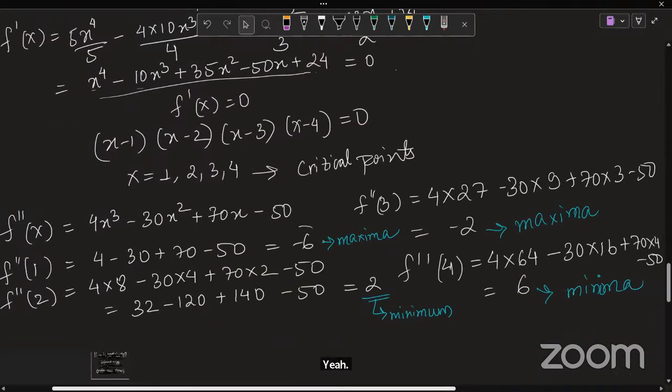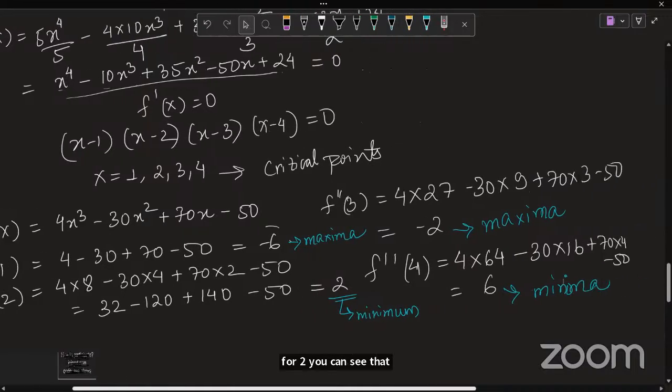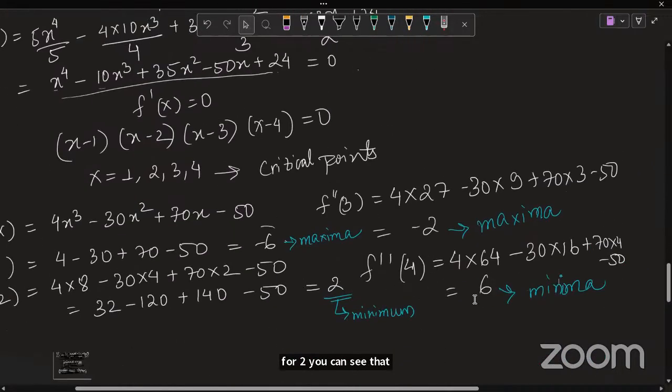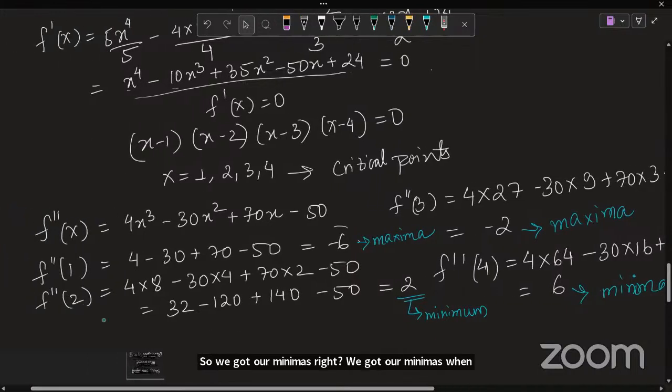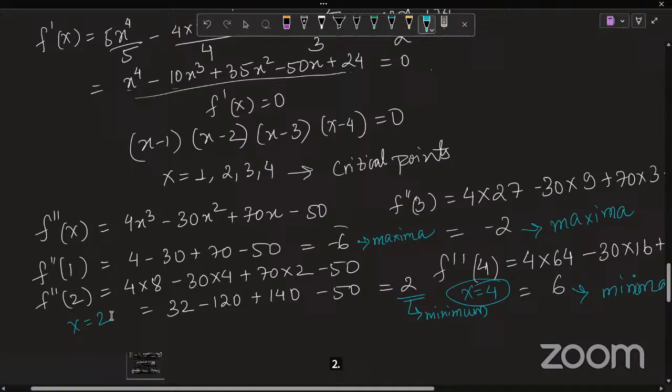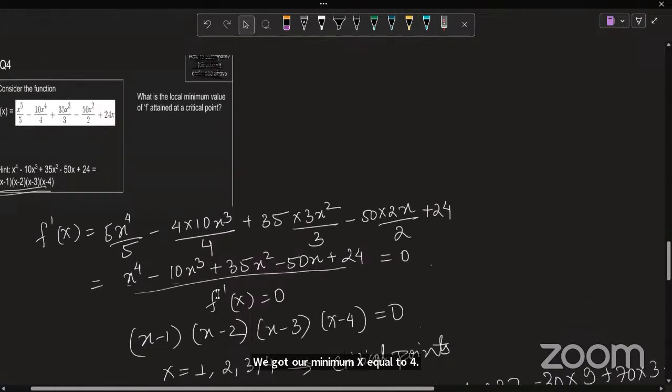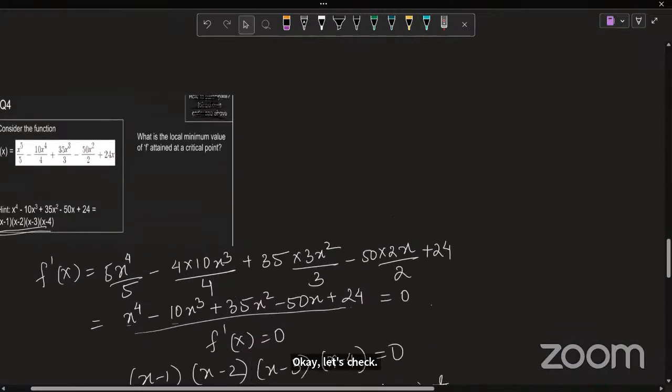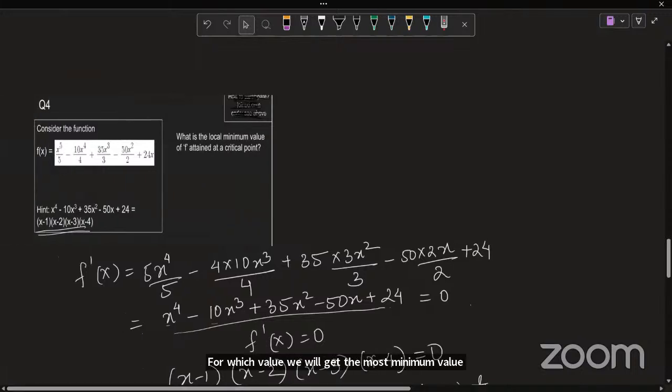So we got our minimas, right? We got our minima when x equal to 2, and at x equal to 4 this is our second minima. Okay, let's check for which value we will get the most minimum value. So just put it in the value.